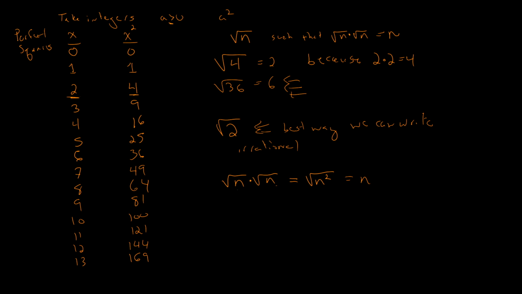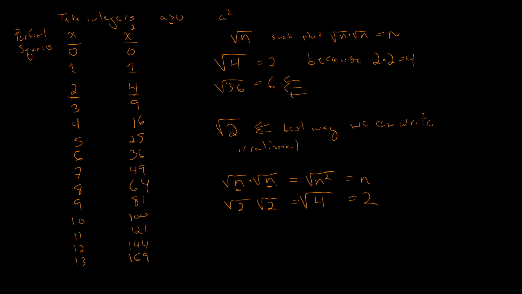Notice what happened here. The insides got multiplied together. Let's look at an example. The square root of 2 times the square root of 2 is going to equal the square root of 2 times 2, which is 4, or 2. So we can undo this thing by multiplying it by itself.